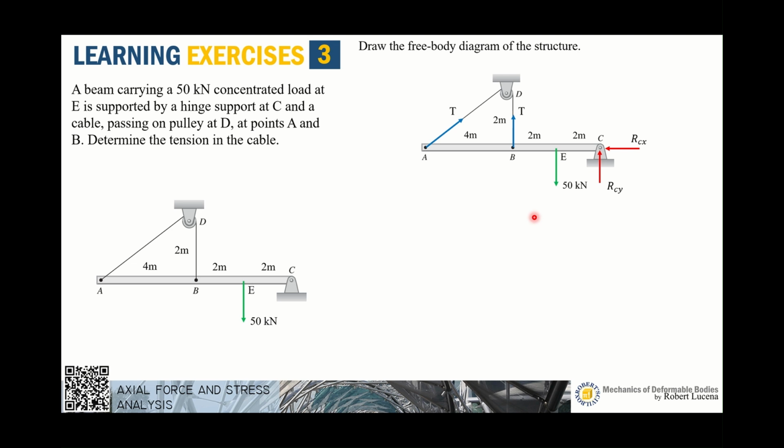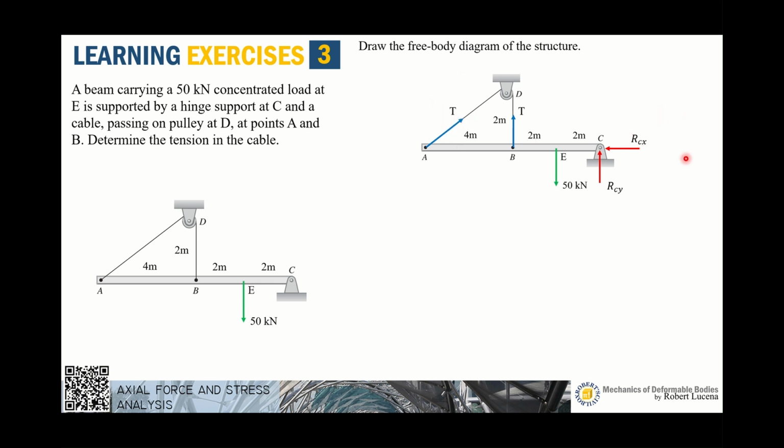Now, we can use summation of forces along y, but we'll have two unknowns, T and RCy. We cannot use summation of forces along x because we'll have another two unknowns, that is the x component of T, represented by Tx, and RCx.